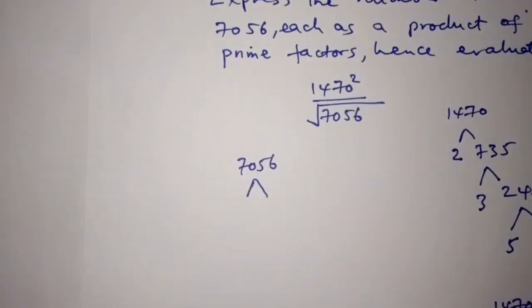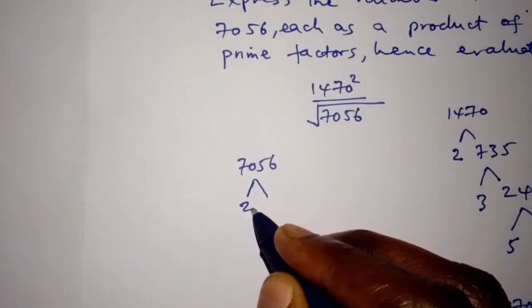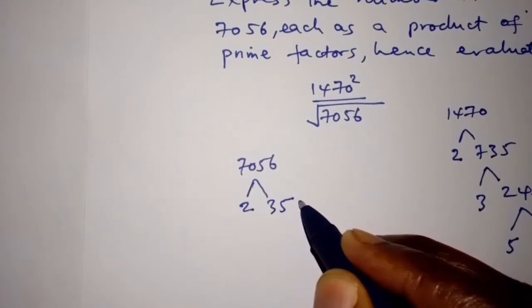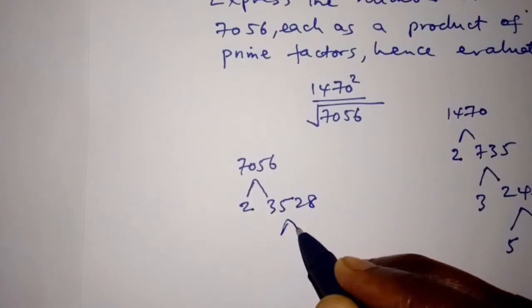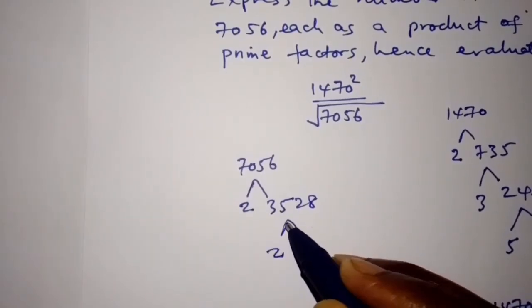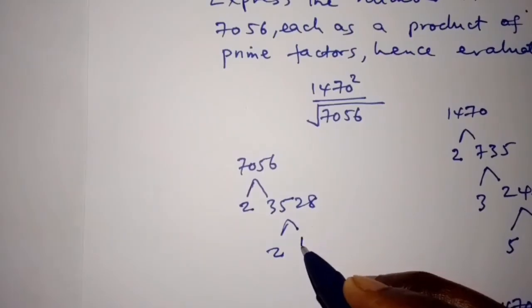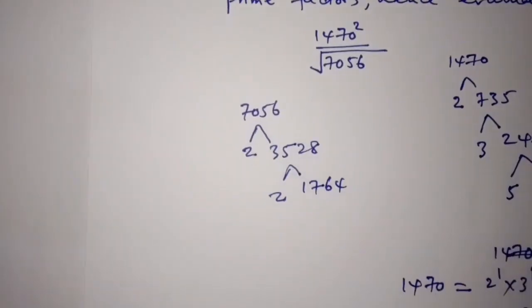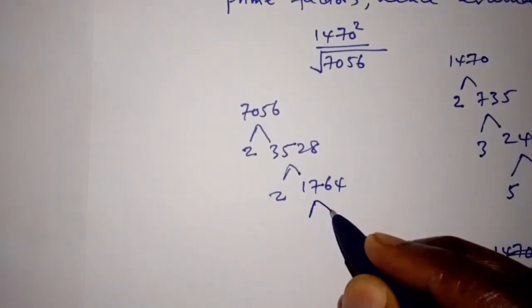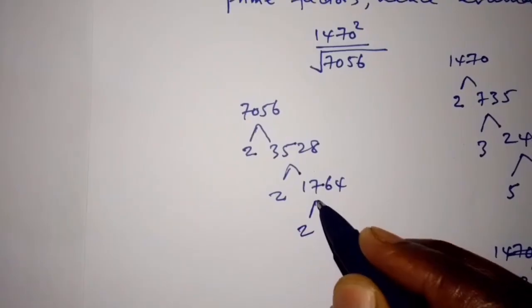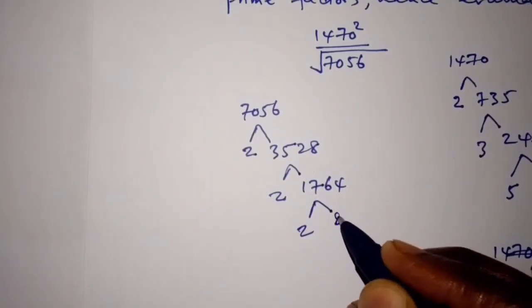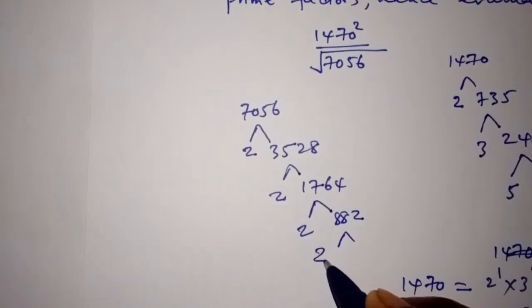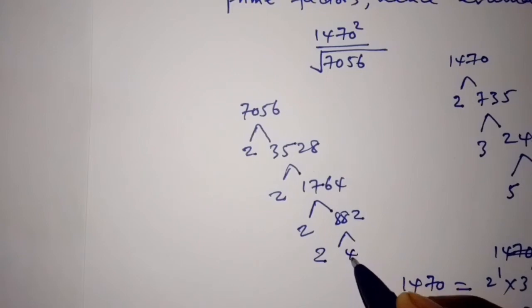So 2 goes into 7056, 3528 times. 2 goes into 3528, 1764. 2 goes into 1764, 882. 2 goes into 882, 441.